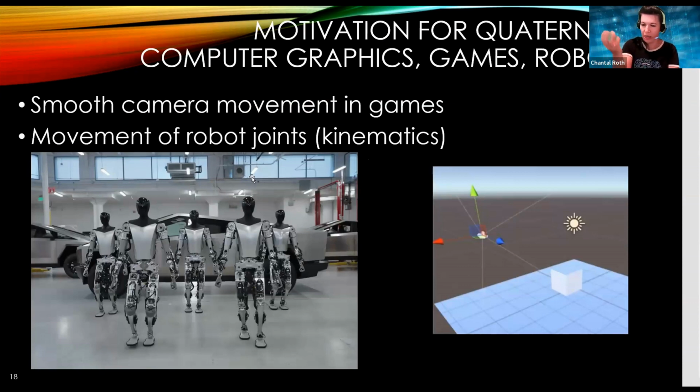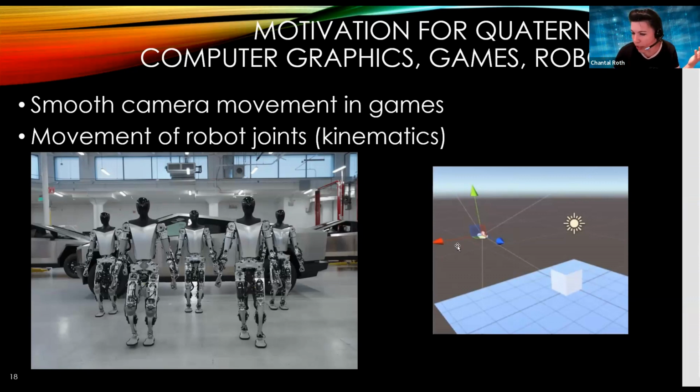Imagine you're moving a joint or a hand from here to there, then you have a number of rotations in between, and that gets kind of tricky if you use Euler angles. So it's much easier if you have quaternions, because it's very clean. You can just multiply the quaternions: one times the other times the next, it's very easy. You don't get any weird things like with the Euler angles.